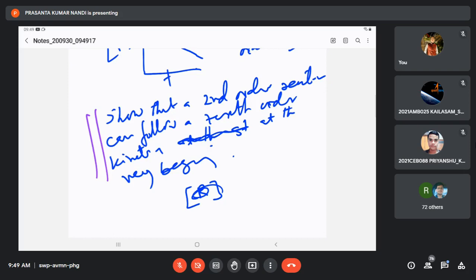If it is a single reactant and second order, then it's okay. If it's two reactants, more than one reactant taking part in the chemical reaction, suppose A and B, then this kind of plot you cannot get. So this is for simple first order, simple second order reactions.